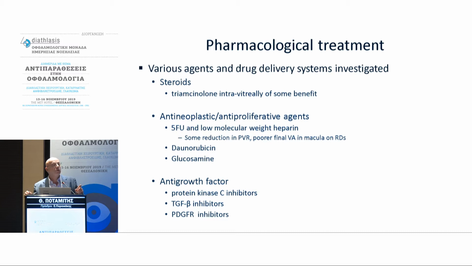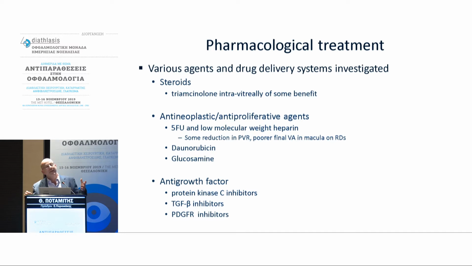There was some very good work on 5-FU and low molecular weight heparin, and initial results were very encouraging that if you infused 5-FU and heparin in cases of retinal detachment, you would reduce the incidence of PVR. That didn't stand the test of time. Later studies showed that this was not statistically significant.